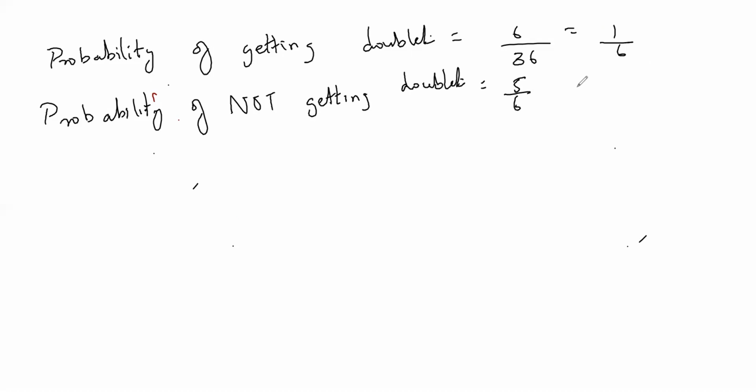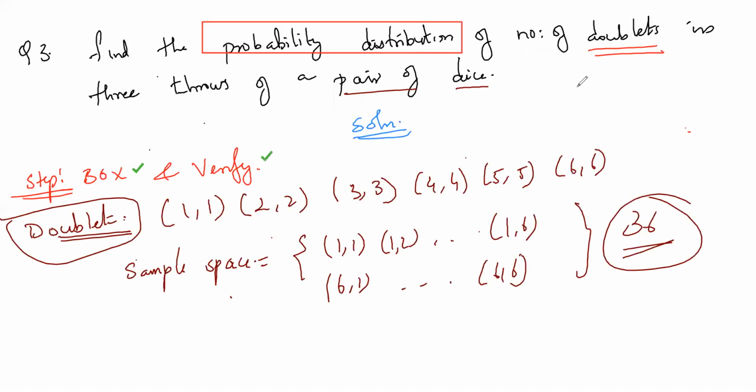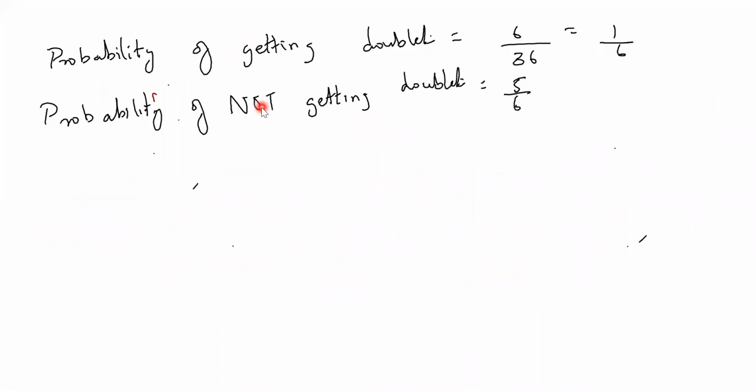Fine. So now, according to the question, number of doublets in 3 throws. I told you if it is 2 throws, we have to take 0, 1, 2. If it is 3 throws, we have to take 0, 1, 2, 3. So the first case in this is P of x equal to 0. What is x?